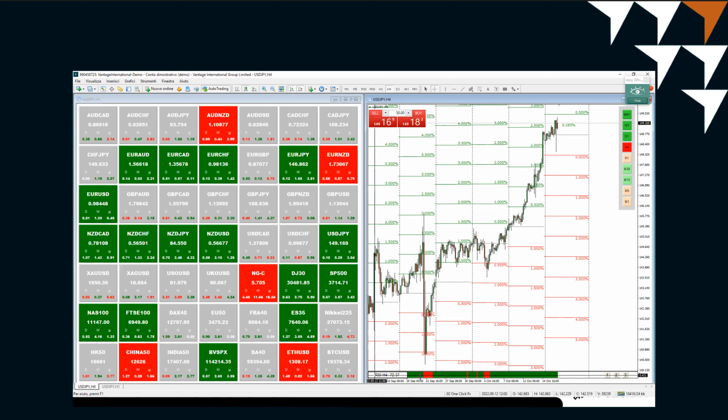Because the algorithmic analysis of the RSI, this is the Algo MTF indicator, not only tells you with the percentage analysis when the trend comes back into play, but also it tells you when the trend starts to break down.